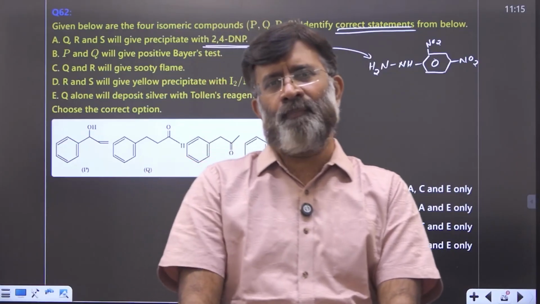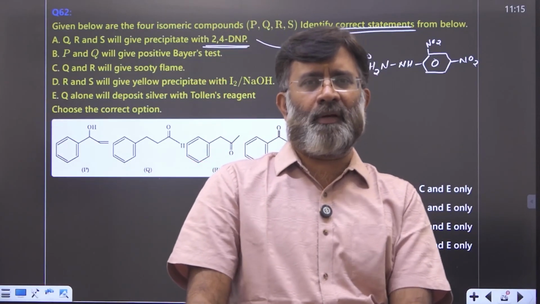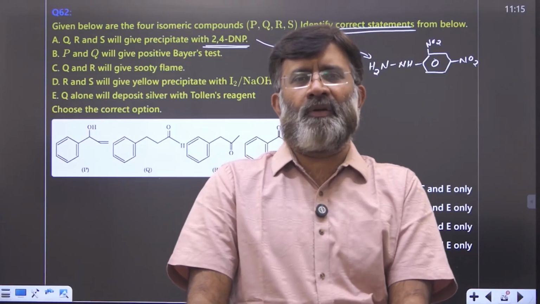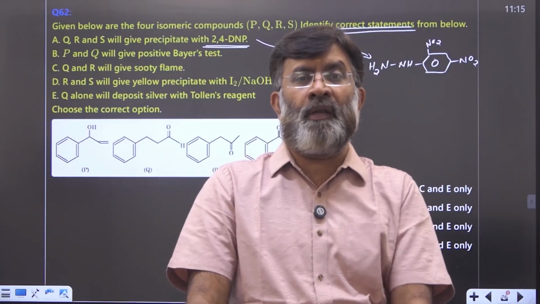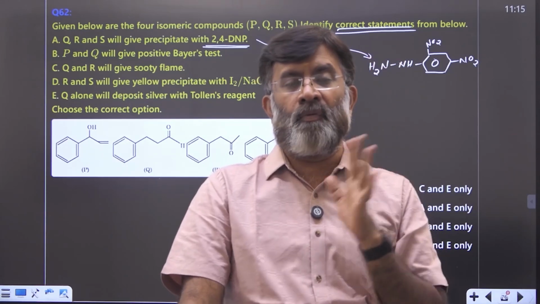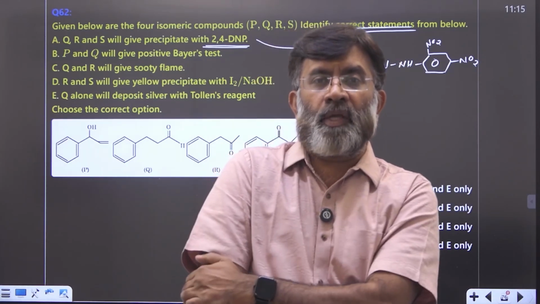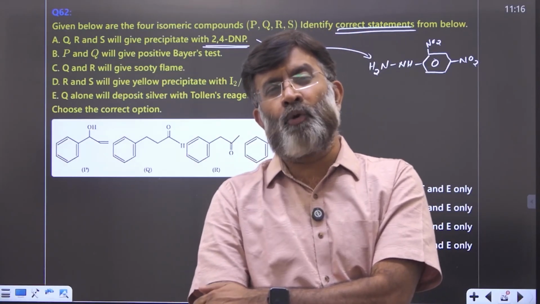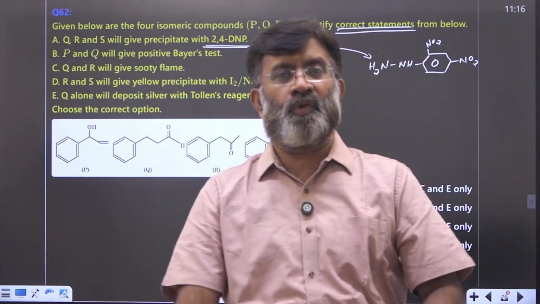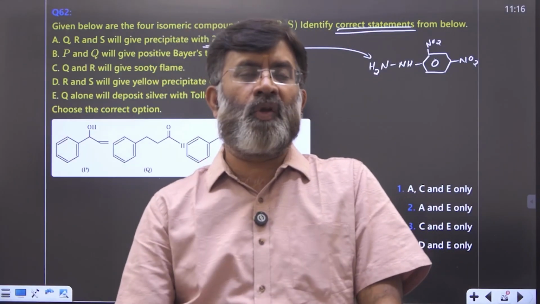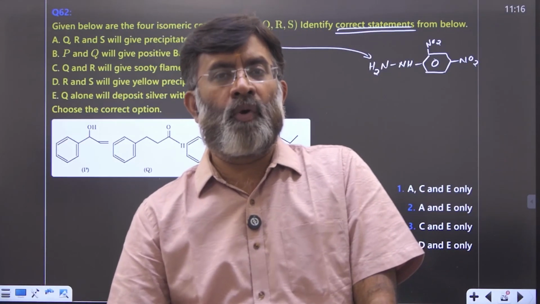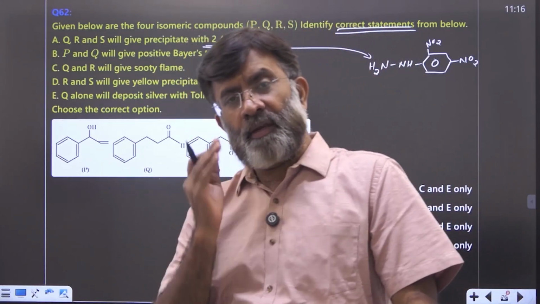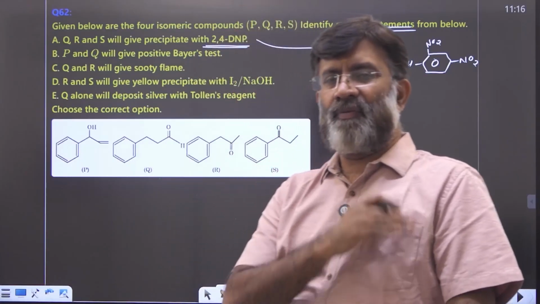Reaction with ammonia, amine, hydroxylamine, hydrazine, phenylhydrazine, and 2,4-dinitrophenylhydrazine, that is 2,4-DNP, which is also called Brady's reagent. The product obtained is a yellow-red colored precipitate, used for detection, separation, identification and purification of carbonyl compounds. And finally one more reaction with semicarbazide, giving semicarbazone.